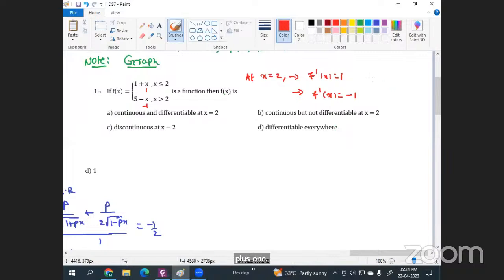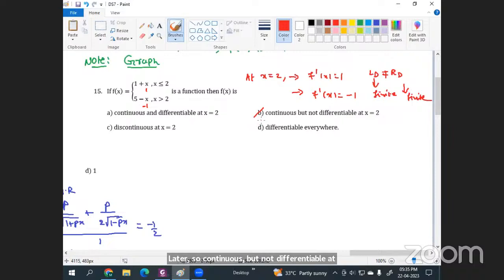So both are not equal. Left hand derivative is not equal to right hand derivative, but they are finite. So it is continuous but not differentiable at x equal to 2, second option.